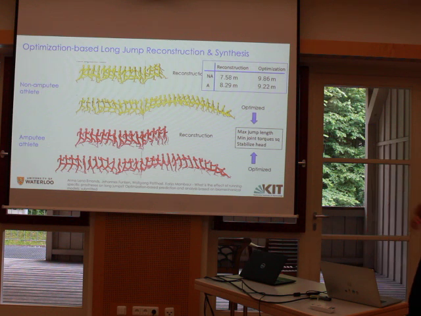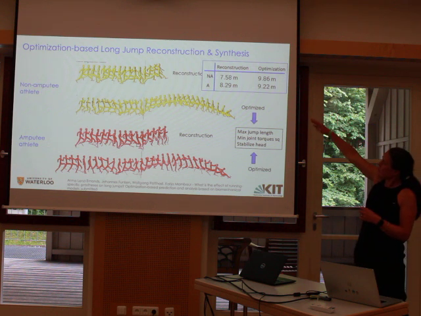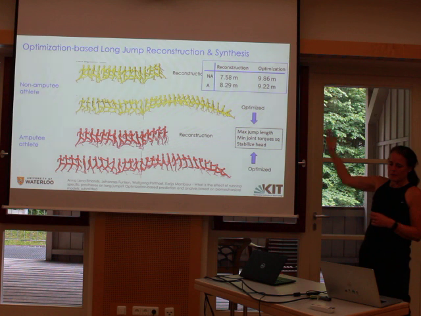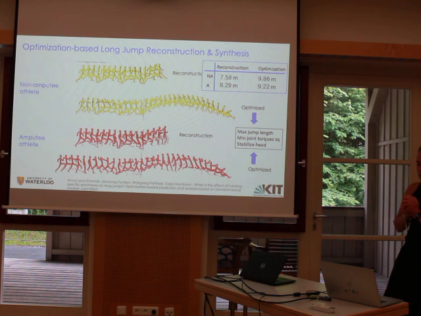So the jump optimization, as I said, is a bit too optimistic, but we can see that in both cases, for the non-amputee and the amputee, there is potential for improvement.